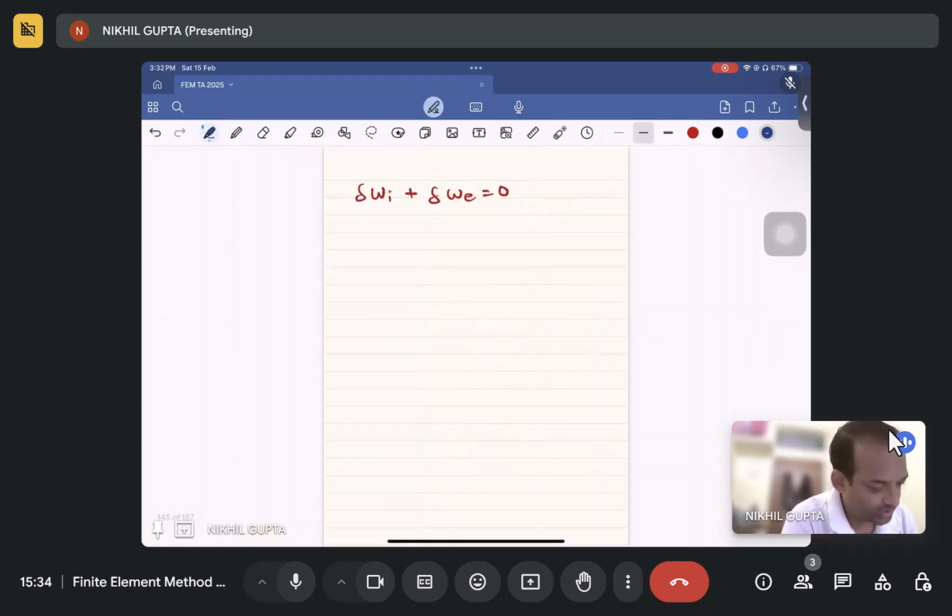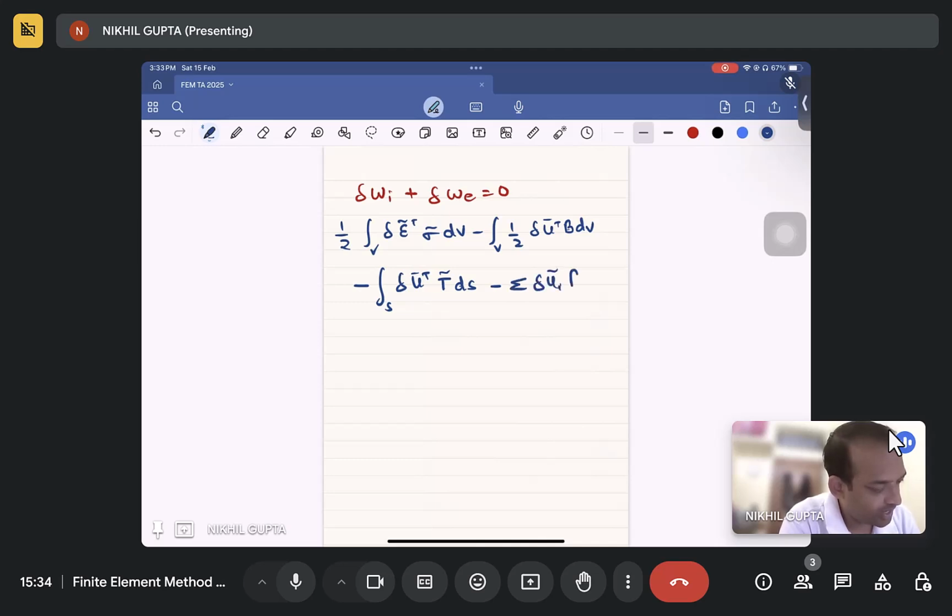So we can substitute in this, and we'll get delta of epsilon transpose sigma dV minus volume integrals of half delta u transpose b dV minus delta of u transpose on the surface, traction vector dS, minus summation of delta ui Pi equals 0. So what I have done is just substitute: this is the internal potential energy and this is the external work done.